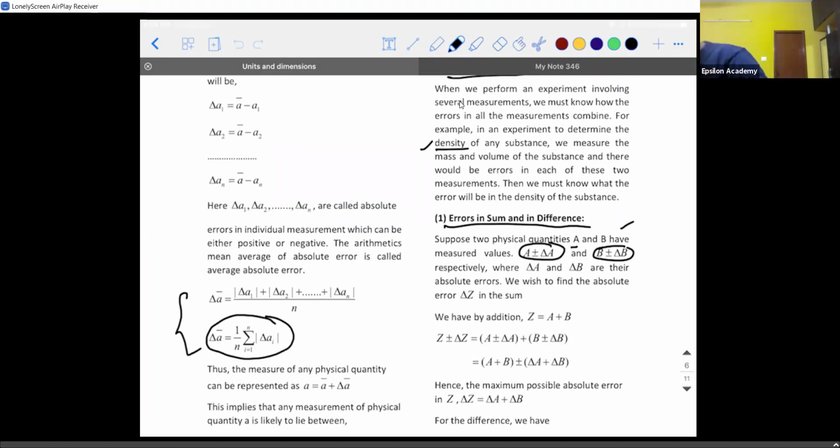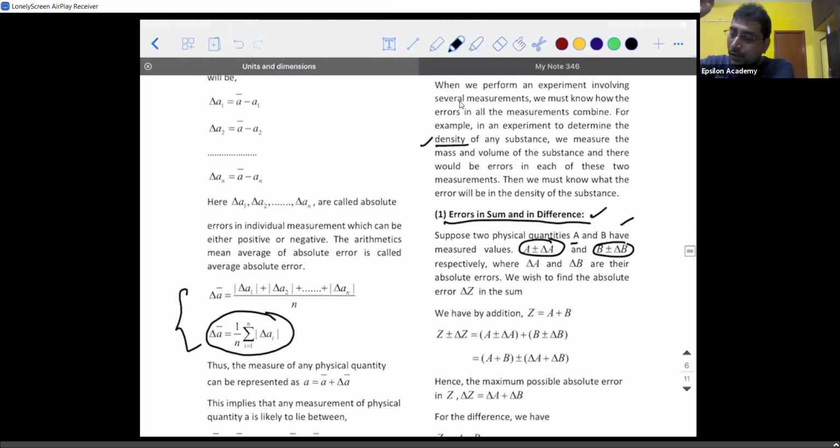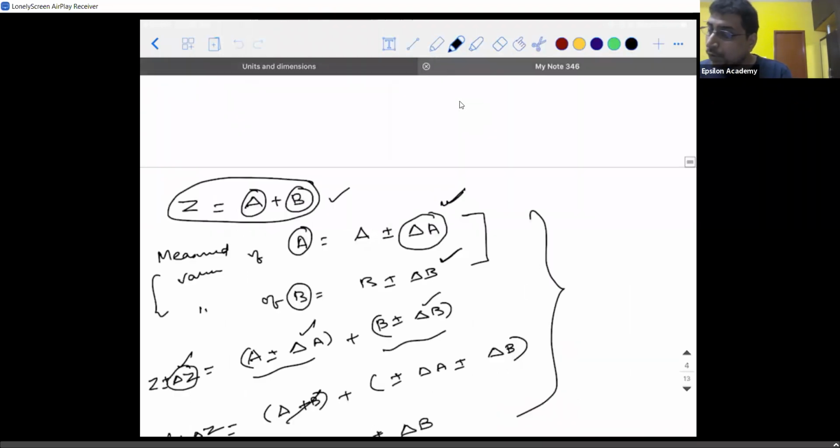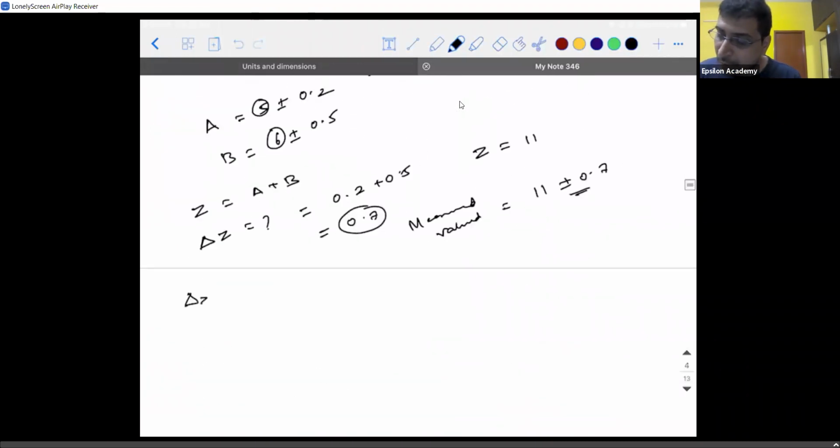In combination of errors, we saw errors in sum and difference, right? Yesterday I told you, what is going to be the maximum error that is going to occur? That is delta z equal to delta a plus delta b. I hope you guys have understood this, right?